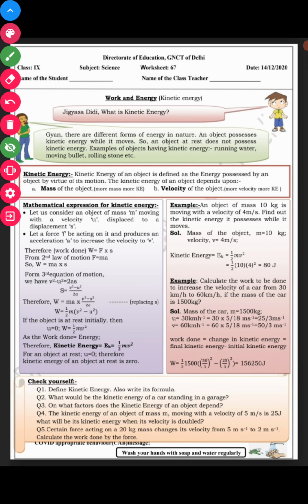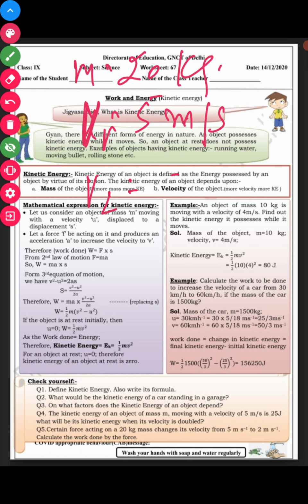Next question we have: a certain force acting on 20 kg of mass changes its velocity from 5 to 2. Calculate the work done by the force. See, mass we have 20 kilogram and initial velocity we have, or you can write v1, 5 meter per second, and final velocity we have 2 meter per second. Okay, so by putting the values, calculate the work done. We know work done is equal to change in kinetic energy, according to what we have just studied.